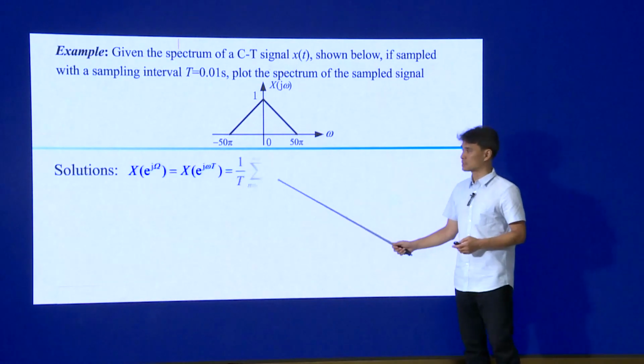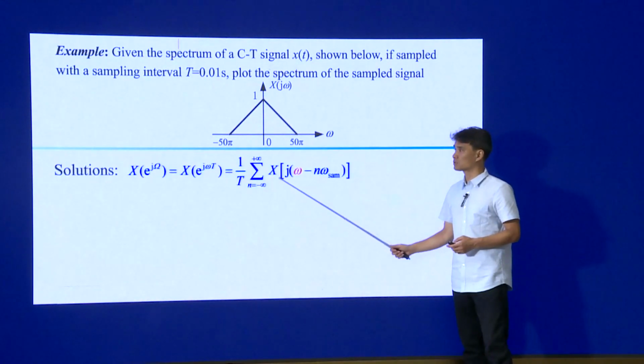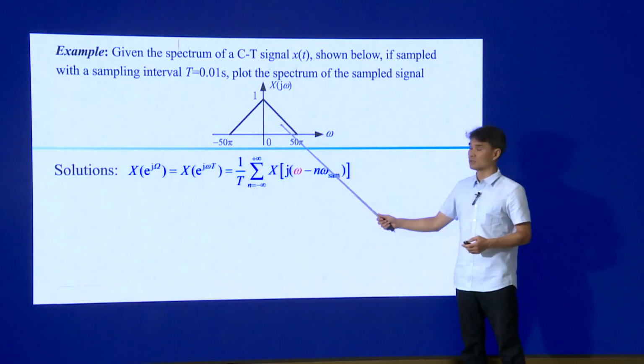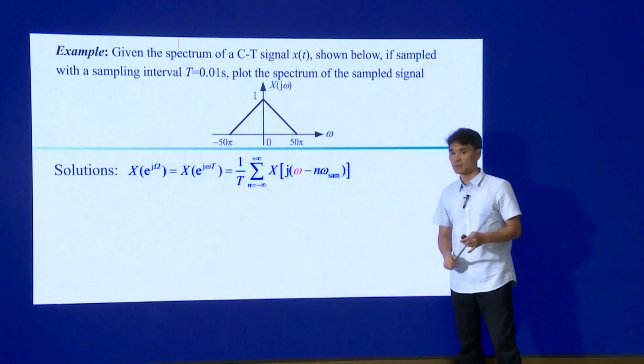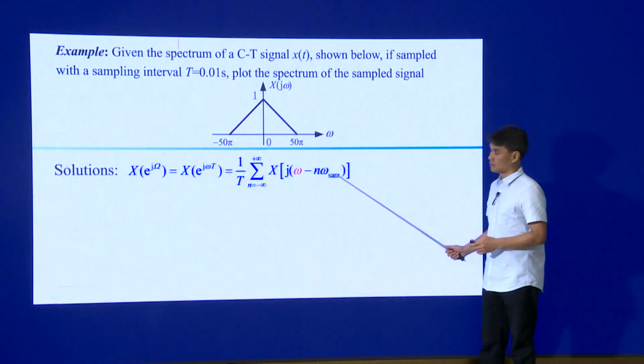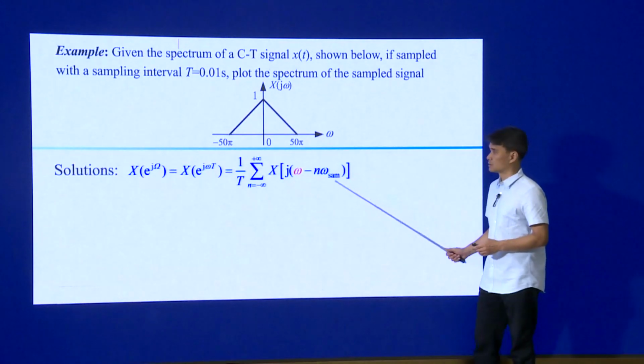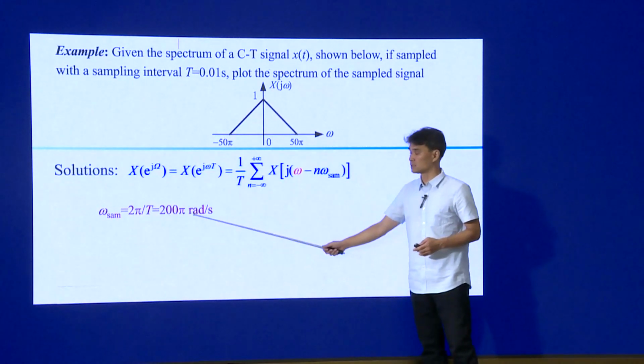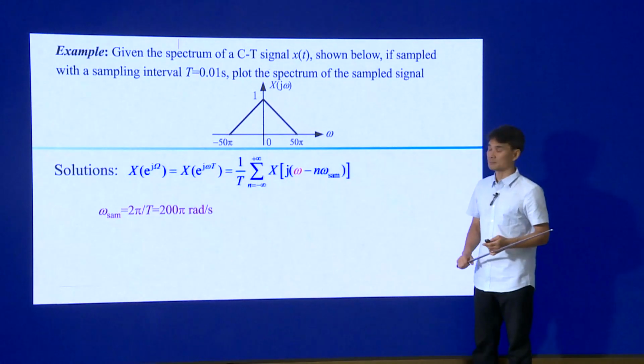According to the sampling theory, the spectrum of the sampled signal is actually the periodization of the original signal spectrum. The omega sam is defined by this equation, so we can calculate it. It is equal to 200 pi rad per second.